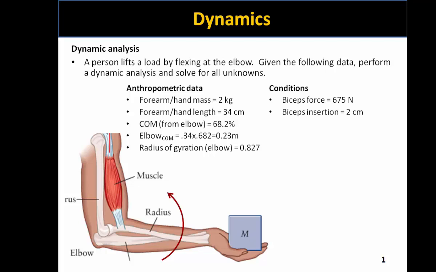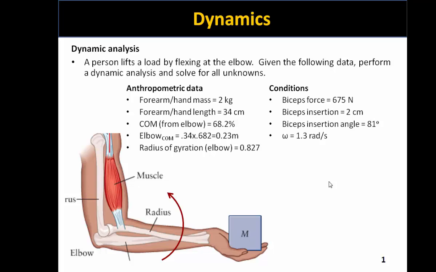The anatomical insertion of the biceps is located 2 centimeters, so very close to the joint, and it inserts at an angle of 81 degrees from the negative horizon, negative x-axis with respect to the point of insertion.